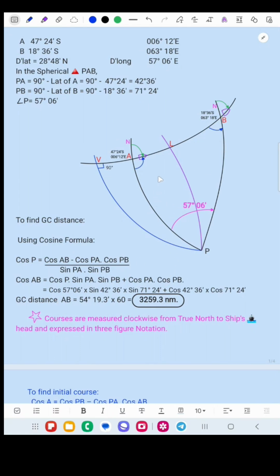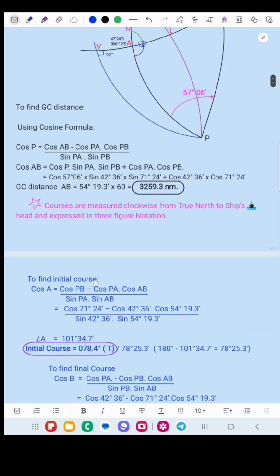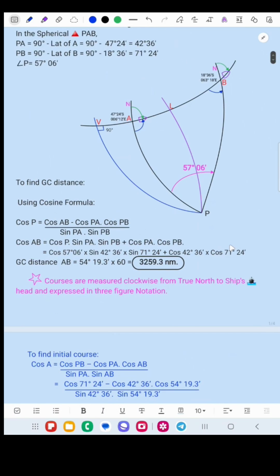So now we'll find out the initial course. Courses are measured clockwise from true north to ship's head and expressed in three-figure notation. So now to find the initial course, cos of A is equal to cos of PB minus cos of PA into cos of AB divided by sine of PA into sine of AB.